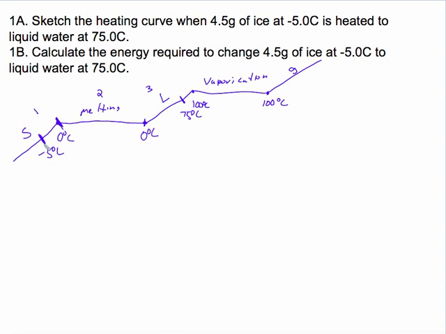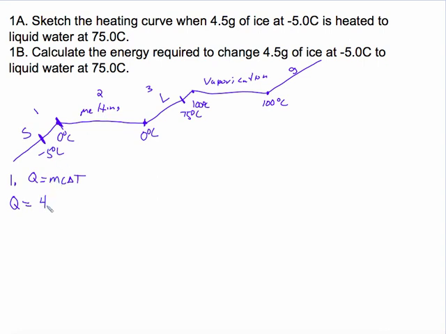So I'm going to take them in individual steps. Okay, so step number 1, the graph is changing temperature, going from -5 to 0. Whenever it's changing temperature, you're going to use the equation Q equals mc delta T. Then you're going to plug in the numbers. Q is the amount of energy it's going to take.